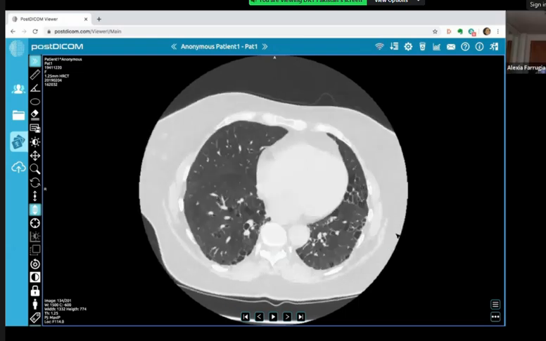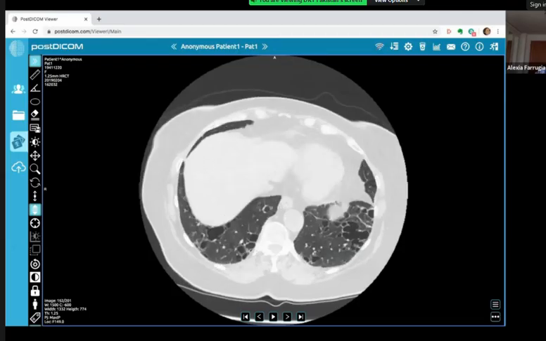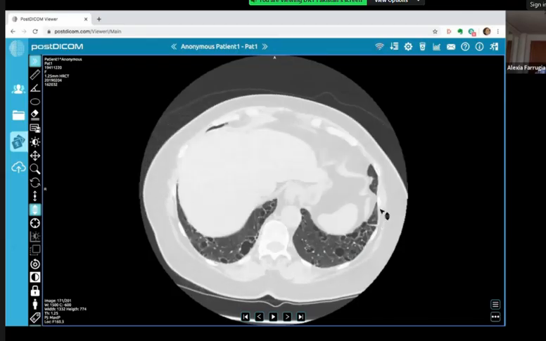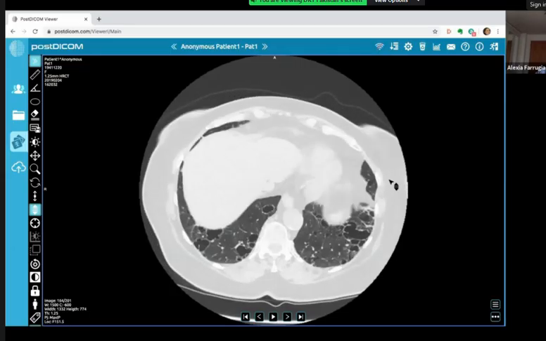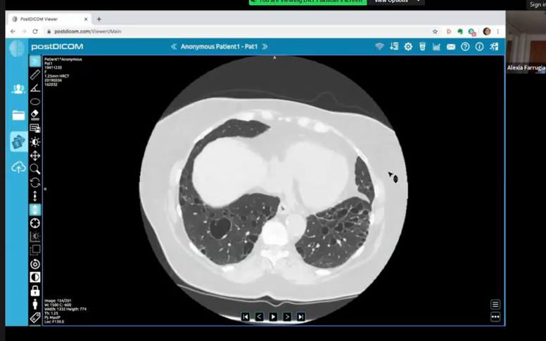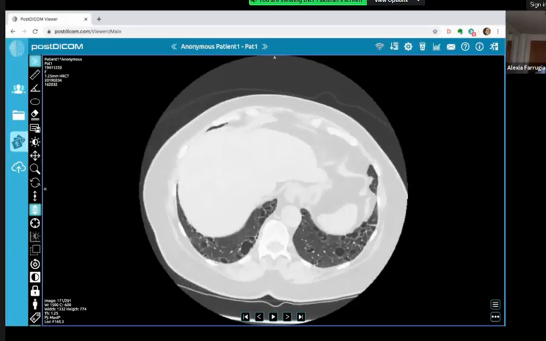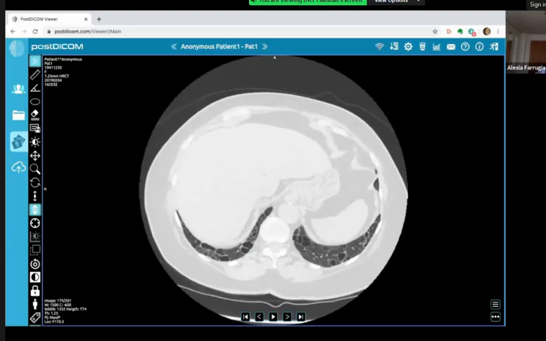Yes, that's correct. And is there a particular distribution? They're more confluent in the lower lobes, isn't it? Yeah. Do they spare any areas in particular, or not?